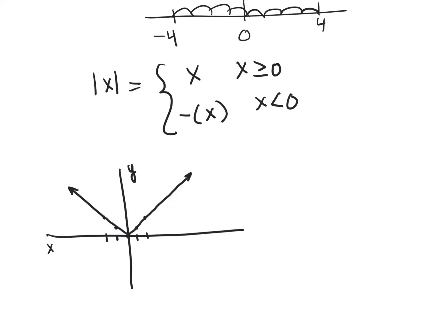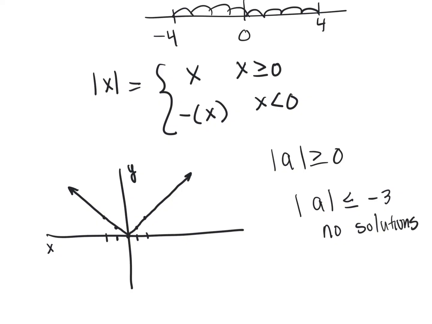A couple of important things that you need to know. These are always greater than or equal to 0. If they say the absolute value is less than or equal to -3, this has no solutions, because you can't put something in and have it be less than -3.